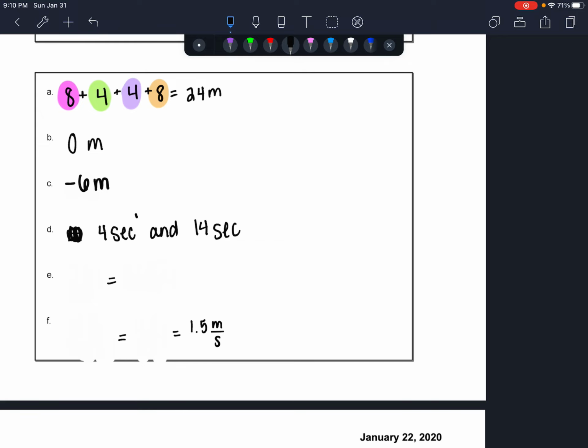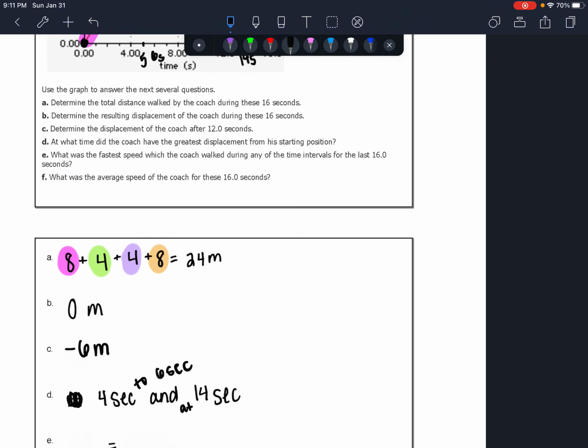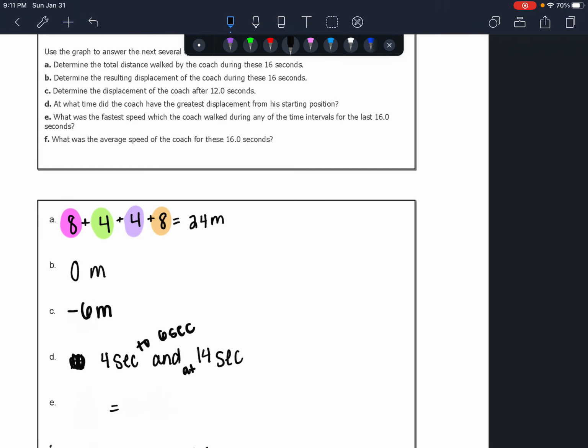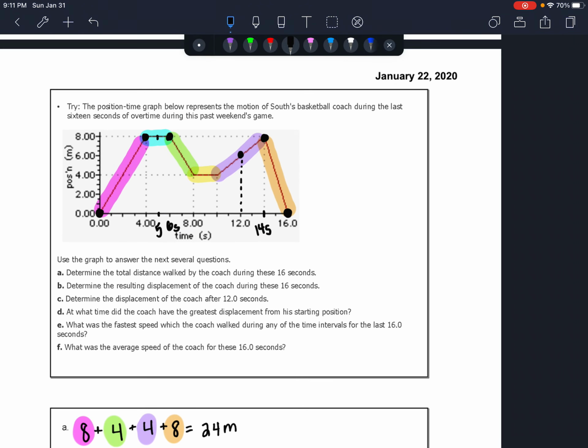I'd say from 4 to 6 seconds and at 14 seconds. That's the most accurate way to respond to this. At what time did he have the greatest displacement? Yep, from 4 to 6 seconds in this interval, and then at this moment here at 14 seconds. That's the best way we could respond to this.